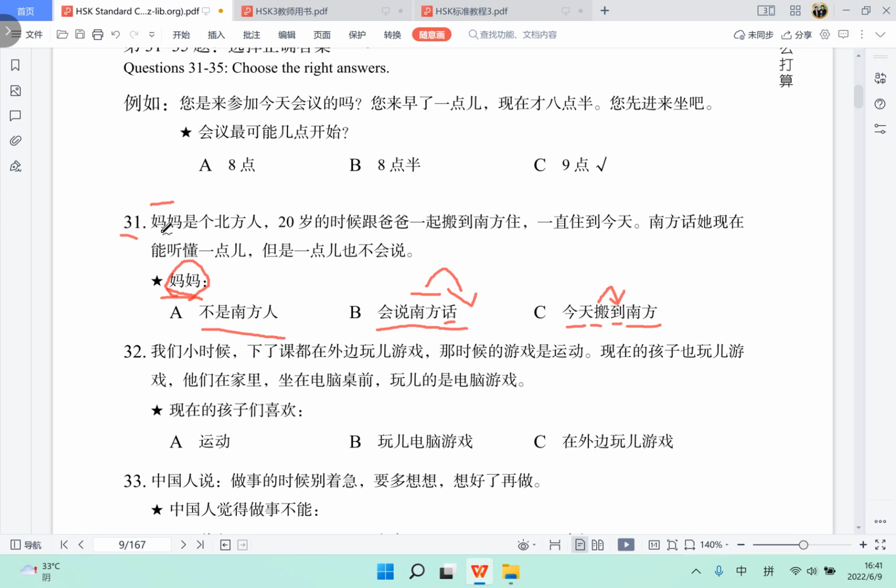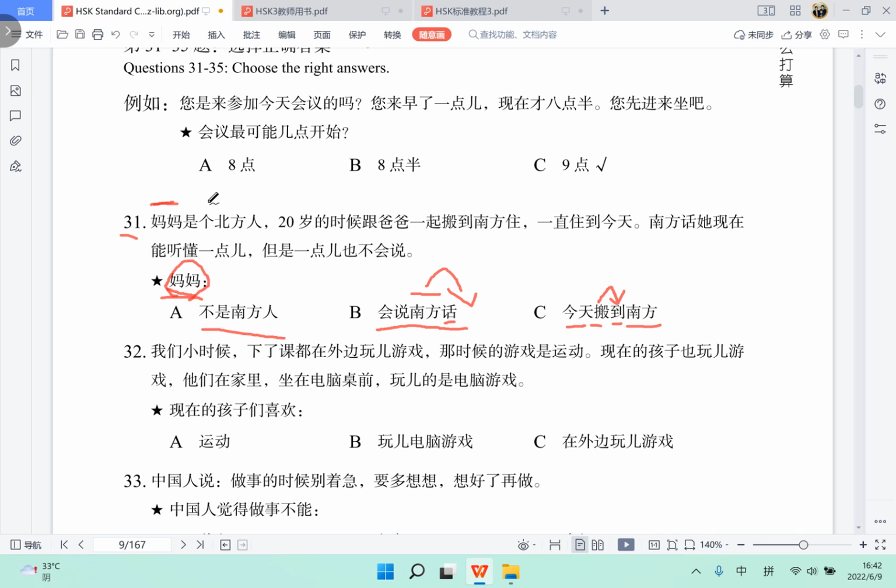So normally this kind of short paragraph is not that long, so we can read the whole paragraph. But later when you go into HSK 4, the paragraph is much longer. So a frequent tricky method we use is to search for keywords, and if we can't find the keywords, we search the first sentence and the last sentence. And normally the answers you can find at those two positions.